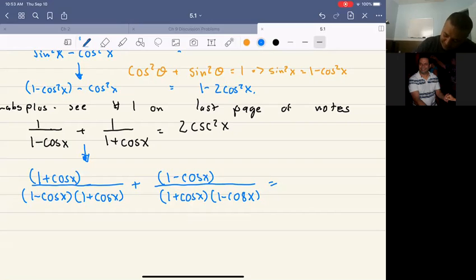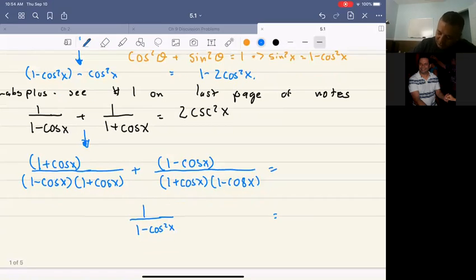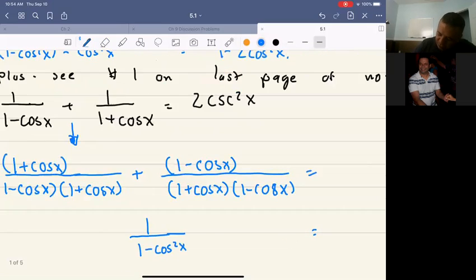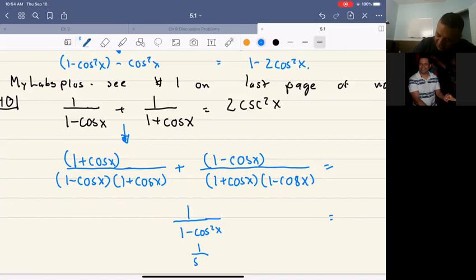So I get 1 over, and I'm doing that multiplication. Sorry, that's bad form to write it on a different side until the end. That's 1 over sine squared of x, and then 1 over sine squared of x.